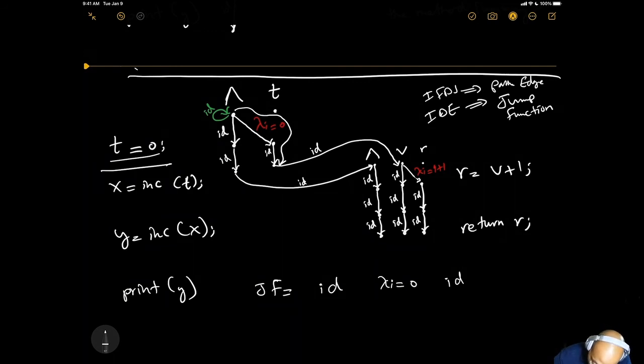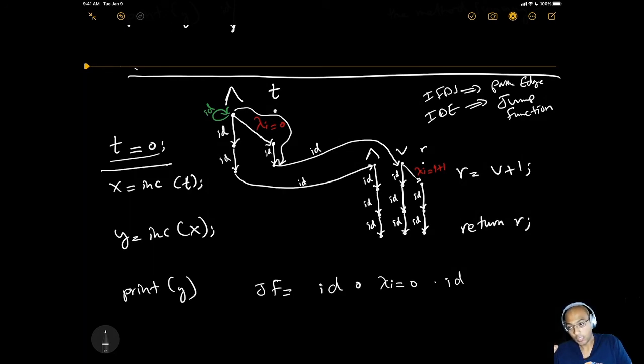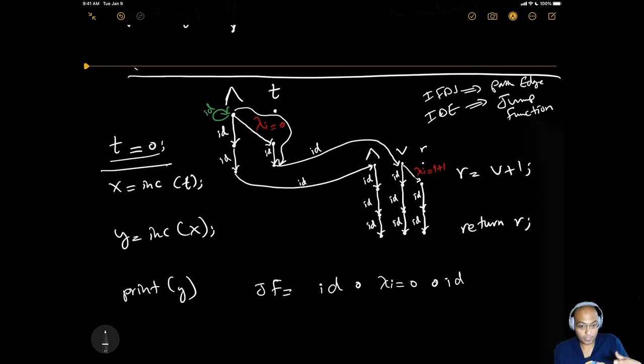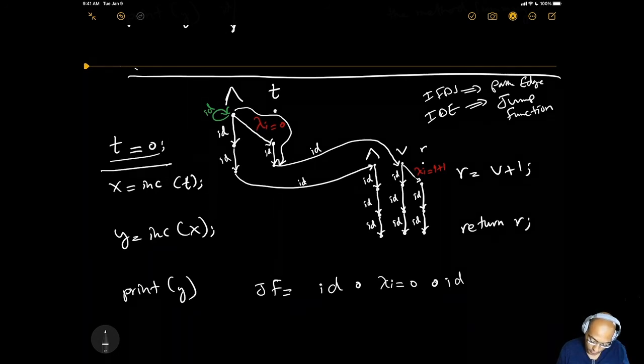So we're going to do the same thing here. We compose all the functions along the path that we have so far to get our jump function, the equivalent of the path summary or the path edge up to that point. In this case, ID composed with anything just eliminates the ID.